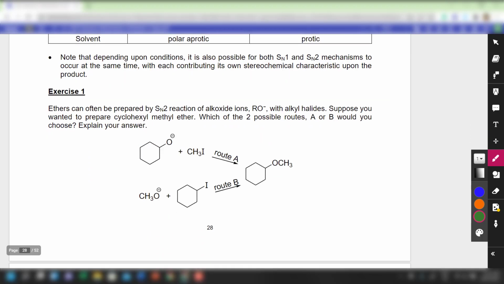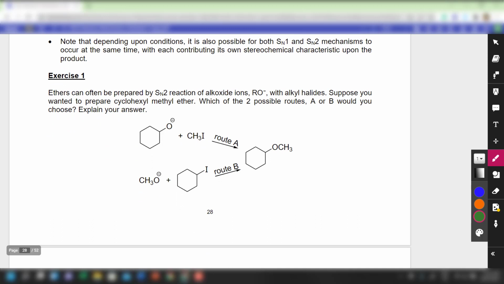With that, we'll quickly discuss exercise 1. In this case, ethers can be prepared by SN2 reaction using alkoxides with alkyl halides. If I want to produce this particular ether, which is a good route, I will prefer it to undergo... You notice that both routes can give you the same product, but route A will be the best.